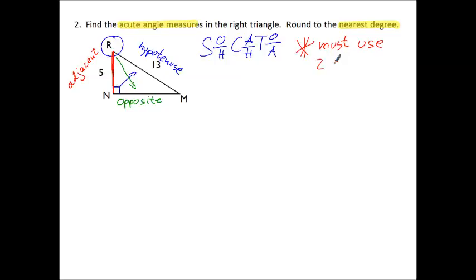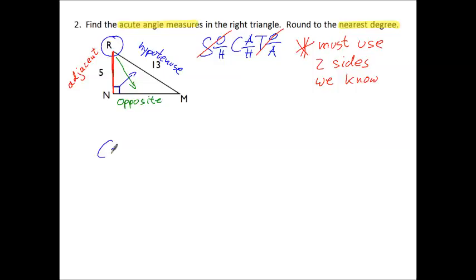Okay, that is kind of obvious, but that's why we have three ratios, so we can use different ratios depending on which sides we have. In this case, we have the length of the adjacent side and the length of the hypotenuse. We don't have the opposite, so we can't use the sine, and we can't use TOA. The only thing we can use is CA, the cosine.